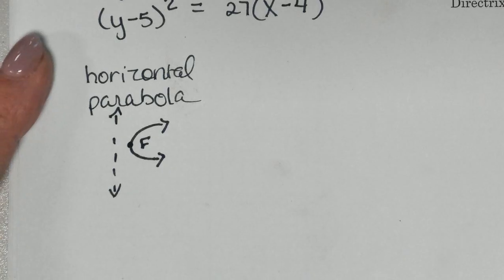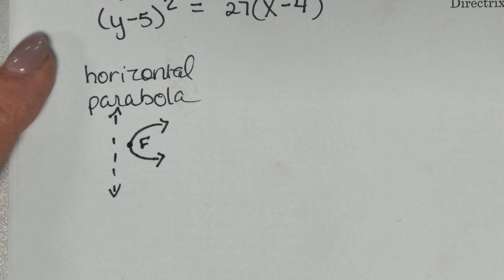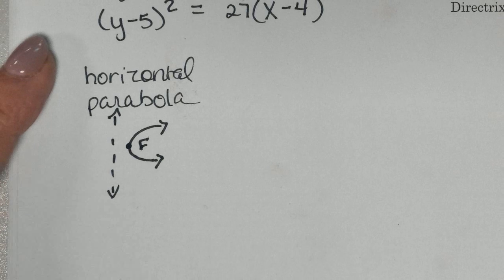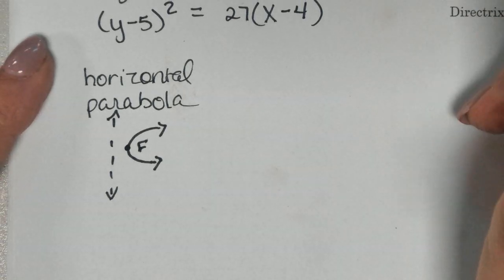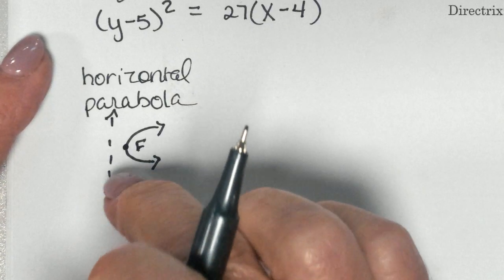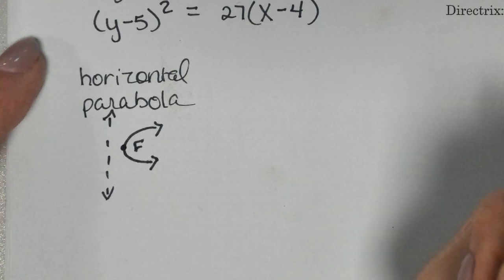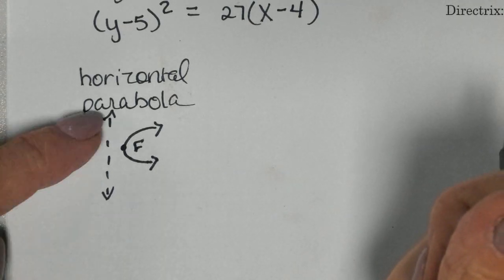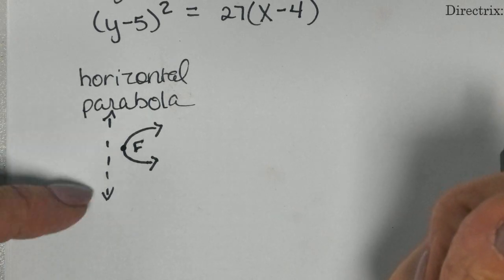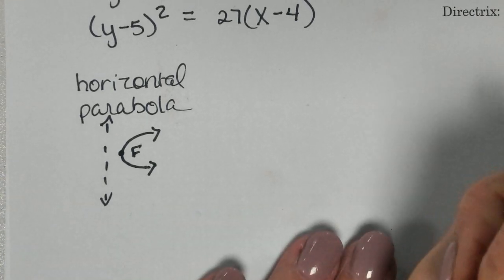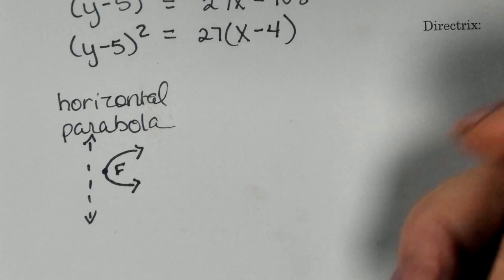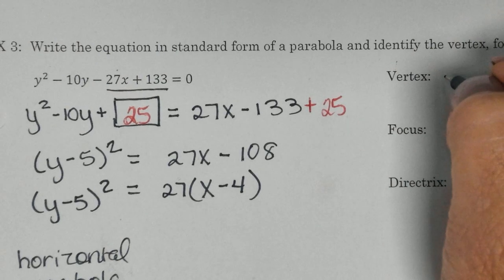I am just sketching that for a visual, so whenever I have to find these features, I know exactly what I have to do, which direction I have to move, the way I have to write my equation, that it's going to be a vertical line for my directrix. All right. And our vertex, where's our vertex located? 4, 5. Perfect.